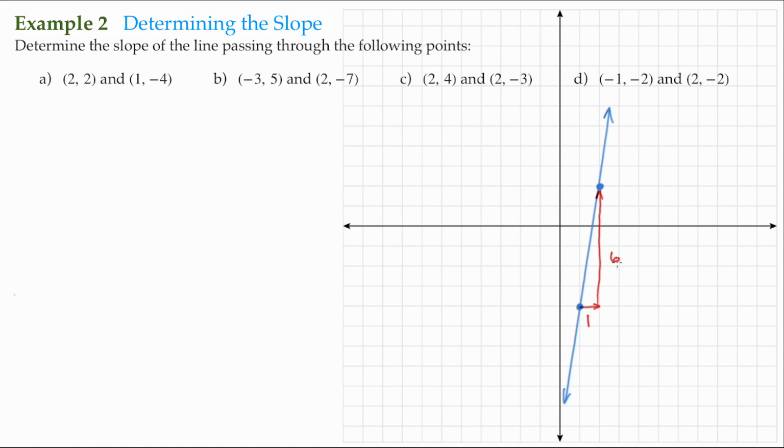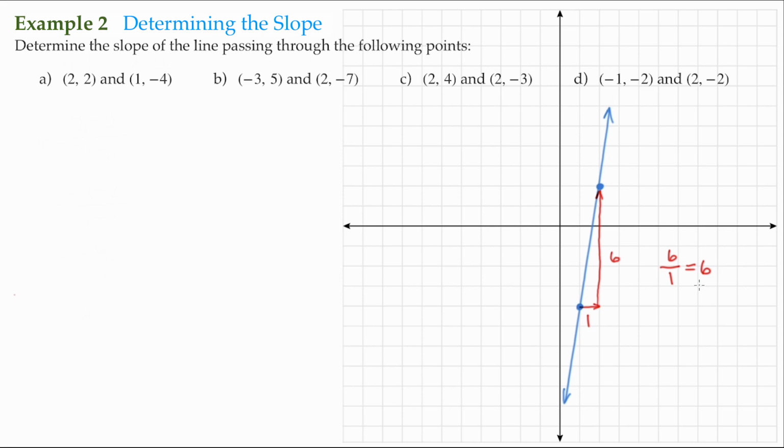So our slope is also known as the rise over the run. The rise is the vertical change, which goes along our y-axis, and the run is our horizontal change, which goes along our x-axis. So the rise over the run, that would be 6 over 1, which of course is equal to 6. So the slope of a line that passes through these 2 points will have a slope of 6.